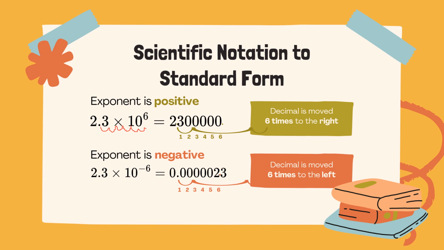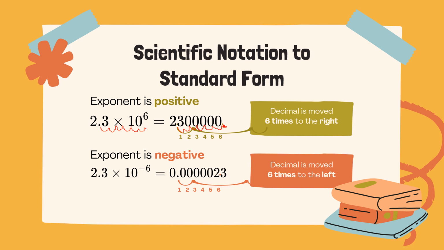Then you fill in all of those spaces with zeros, and they did that over here. 1, 2, 3, 4, 5, 6, and your decimal is now at the end. And that is where they get 2,300,000 from. You have simply moved your decimal 6 spaces to the right.